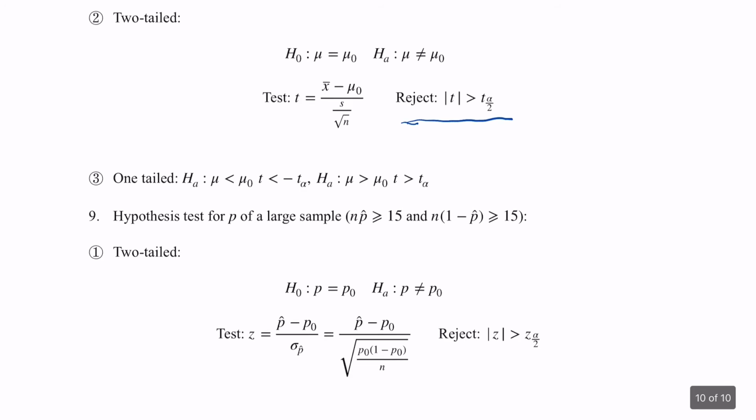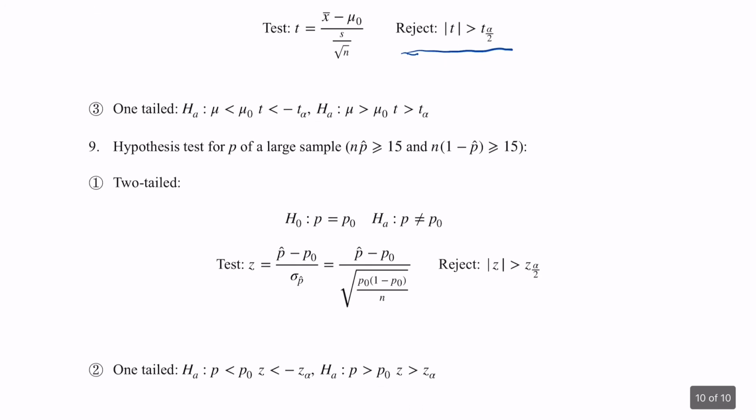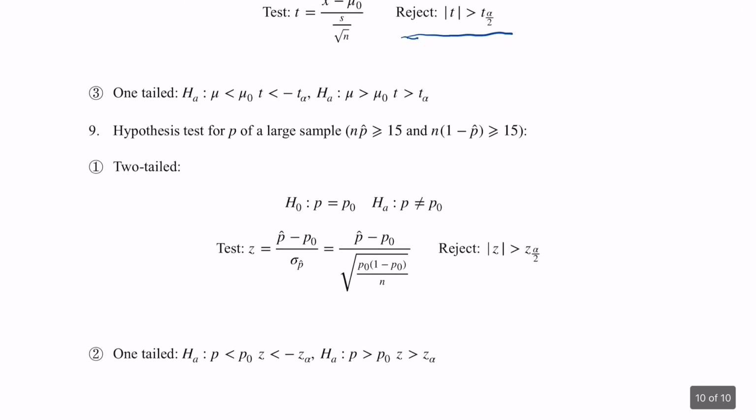And that's it. And also hypothesis test for population proportion. Always remember to check whether it's a large sample or not. And the formula is here, how you reject it.